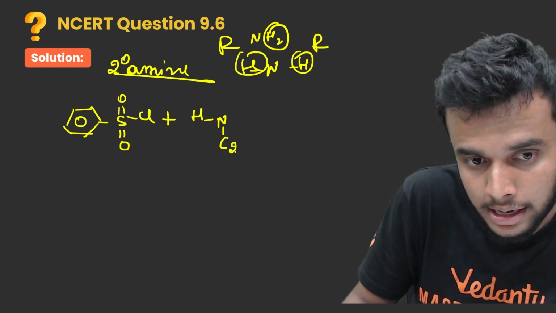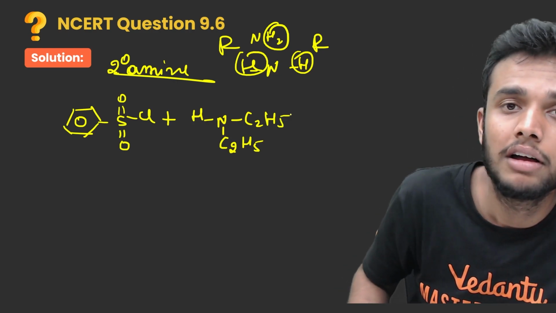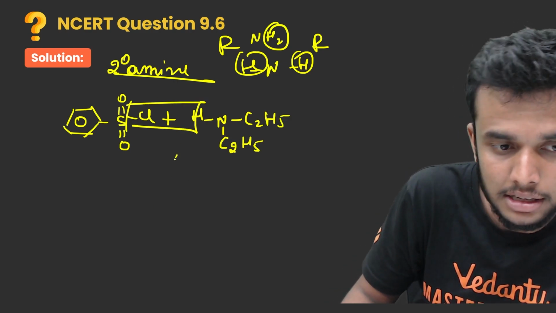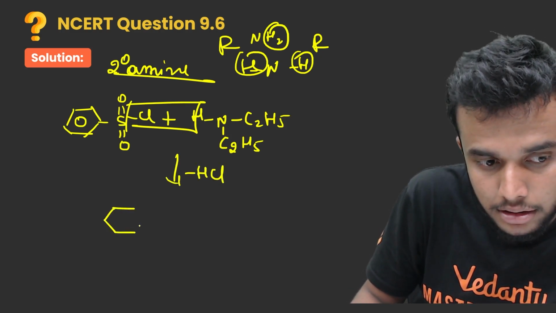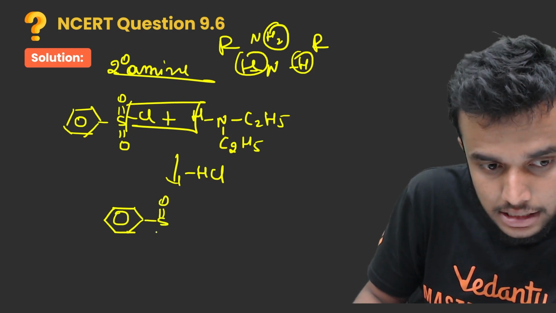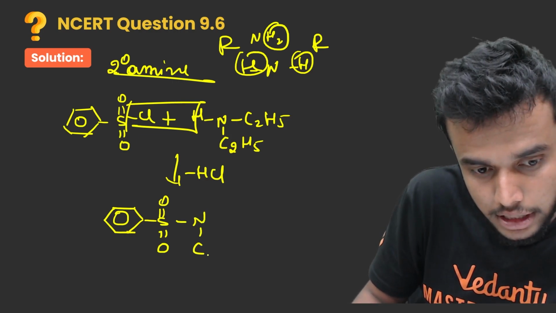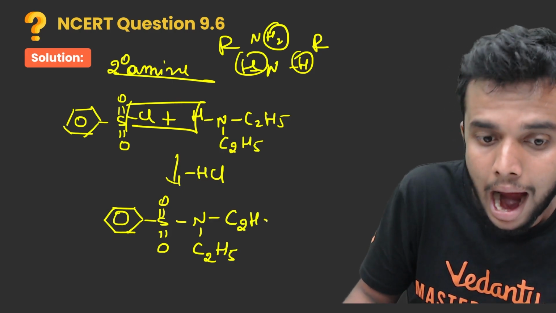For example, here both are C2H5. Correct. Then what happened? HCl is removed and we obtain this: S double bond O and C2H5 and C2H5. Understood, students?